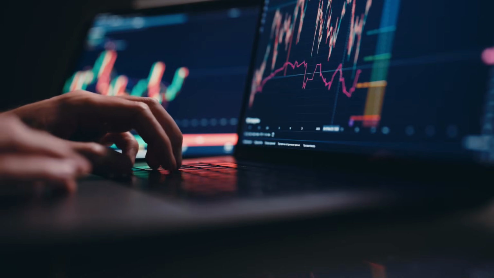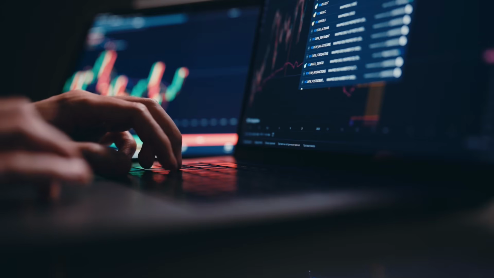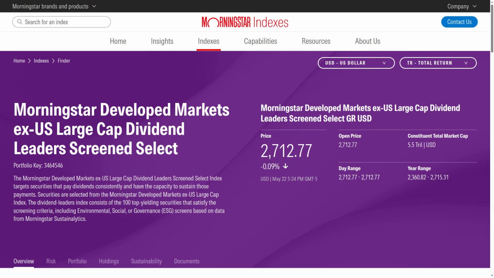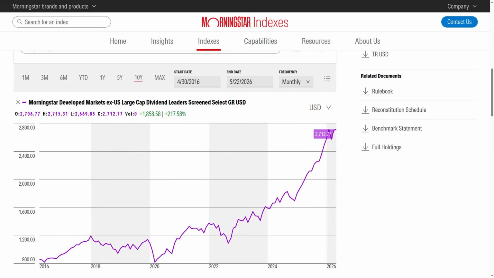Since this ETF has only been on the market for a few months, we don't have a proper performance history to look at yet. The good news is that the underlying index, the Morningstar Developed Markets ex-US Large Cap Dividend Leaders, has been around for quite a while. Because of that, we can easily check how the ETF would have performed if it had been launched 10 years ago. Over this decade-long period, the ETF would have delivered a total return of around 217%, which is very respectable.